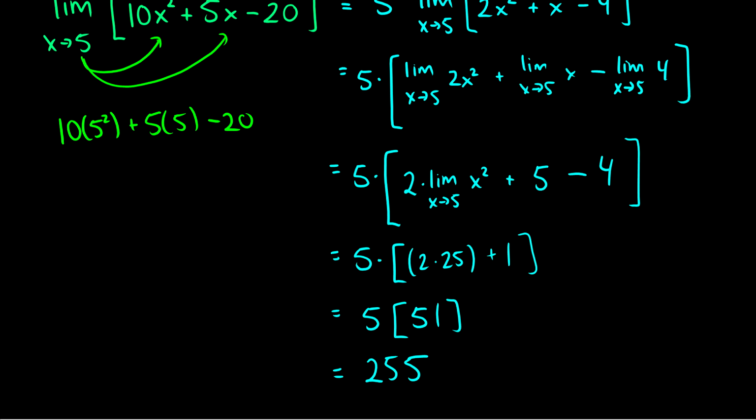Okay, I did, of course, miss a negative sign. So this would be 10 times 25, which is 250, plus 5 times 5, which is 25, minus 20. So this would be 275 minus 20, which is just 255.